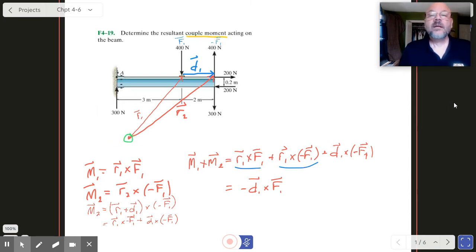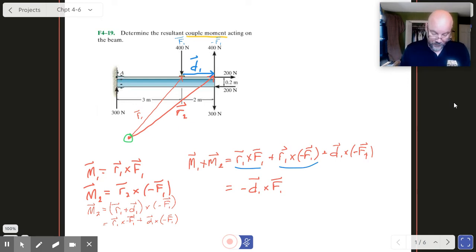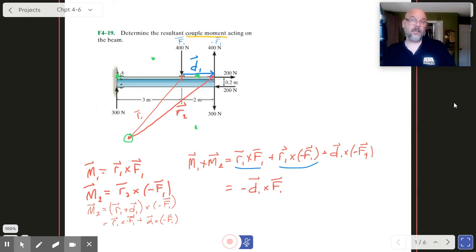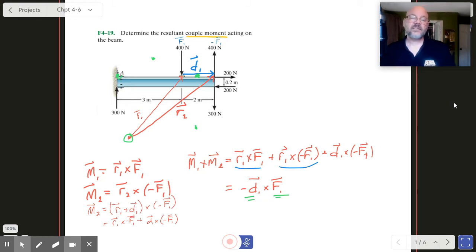We never said what R1 was, but the result is completely independent of it. It doesn't matter. I could put it right there, over here, up here, or right in between the two. The only thing that matters when I add up the moment for these two equal and opposite forces is their magnitude and the distance between them.